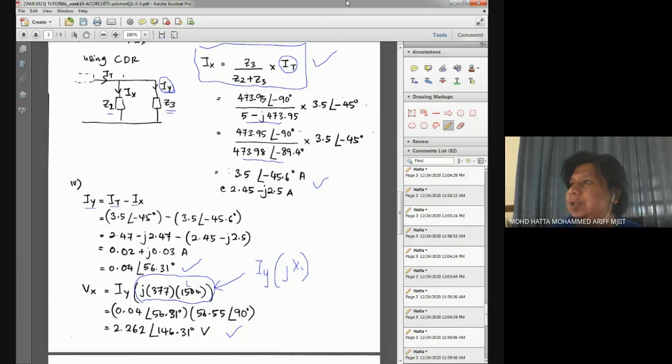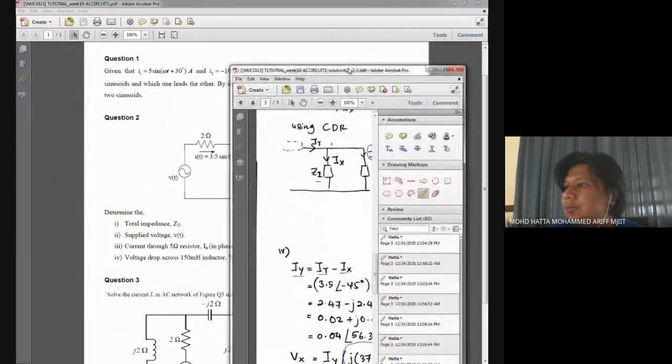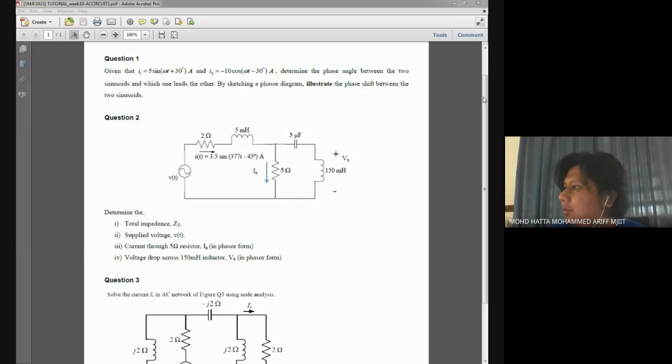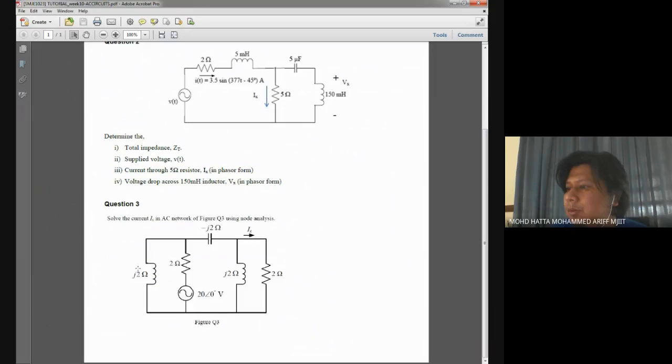Next question is about nodal analysis, where we try to solve this one using node analysis.